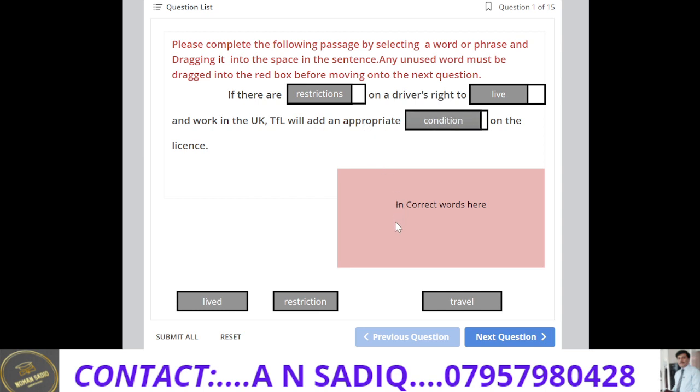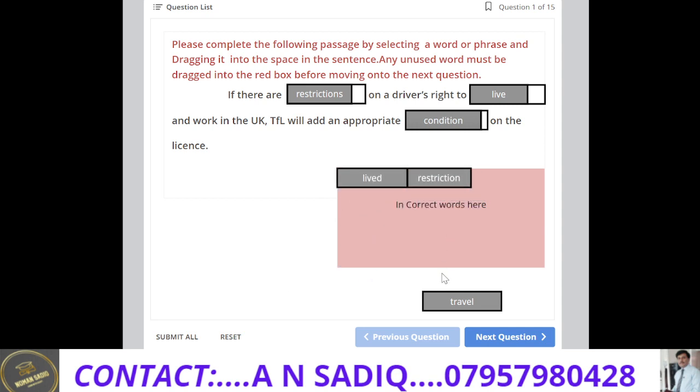Now last thing is, don't forget to drag these words here, otherwise you will be losing the marks. So it's very important. Now to avoid forgetting to put unused words into the red box, there is a good strategy. I will show you that you first need to put all the words here.